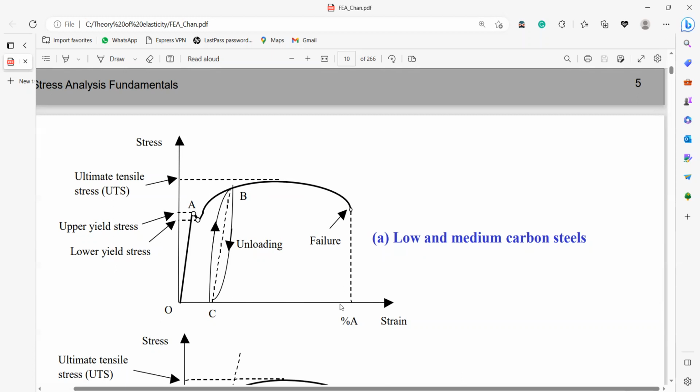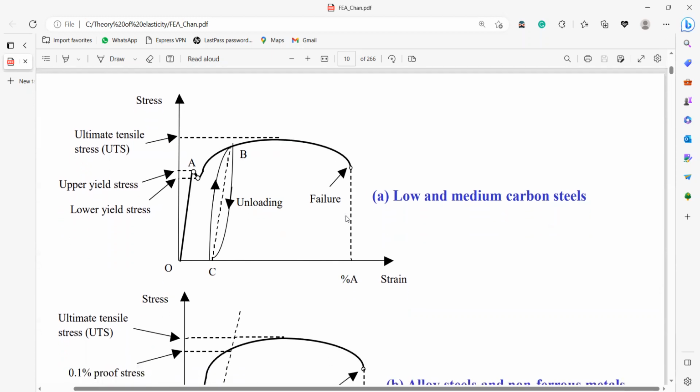When the area decreases so much that it cannot withstand the force, at that point it will fail. In steel, it is low and medium carbon steel, so it would fail under cup and cone fracture. Check for cup and cone fracture images. You'll understand how steels break.